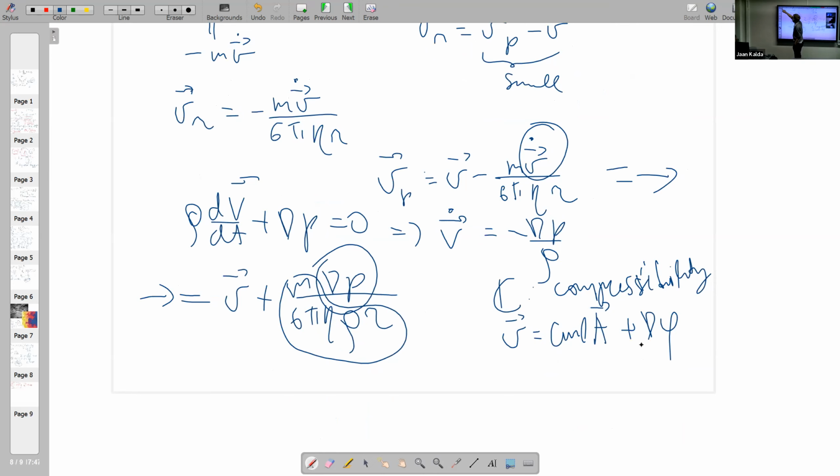So C was by definition the mean squared gradient of phi, the compressible part, divided by the sum of both: average of gradient of phi squared plus average of curl of A squared. This was compressibility.